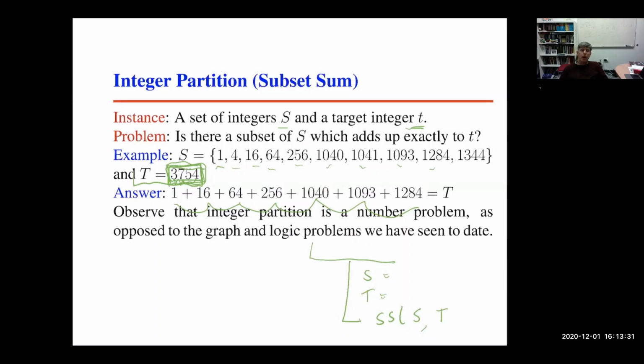Which hard problem smells most like subset sum so far? Probably you're going to say none of them smell too much like it, and that's why the reduction is going to have to be kind of tricky. But does any of them smell like this? Anyone?